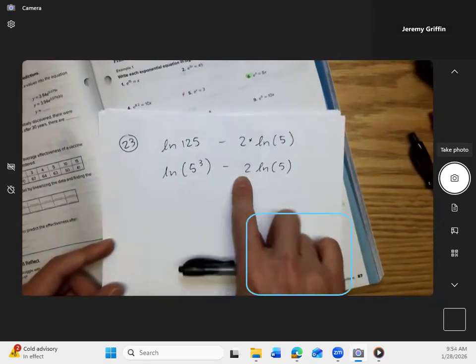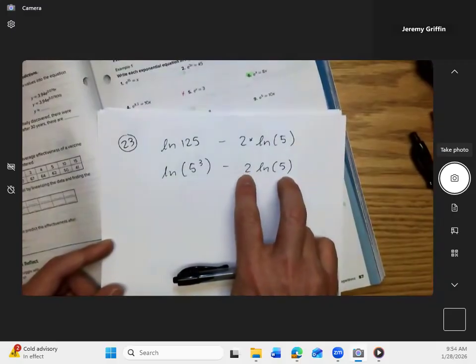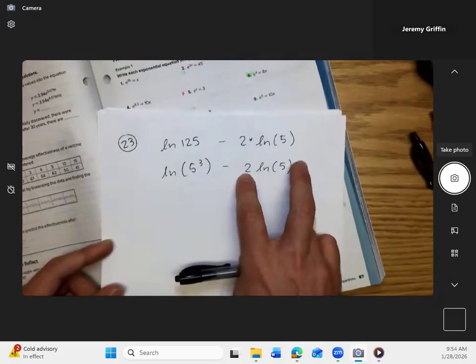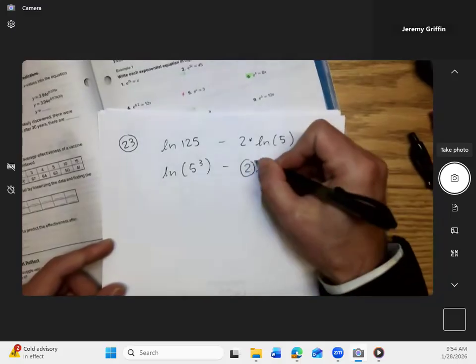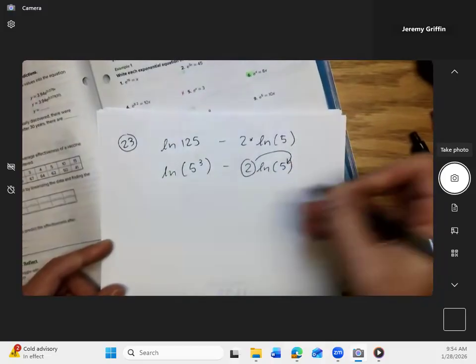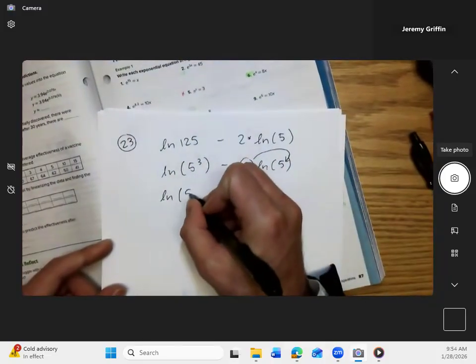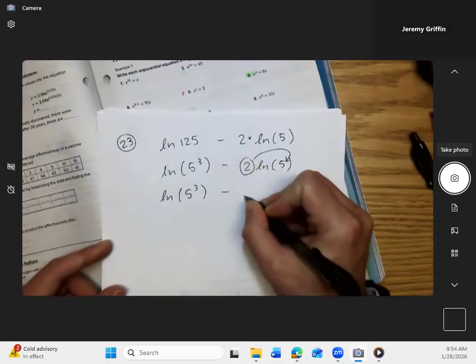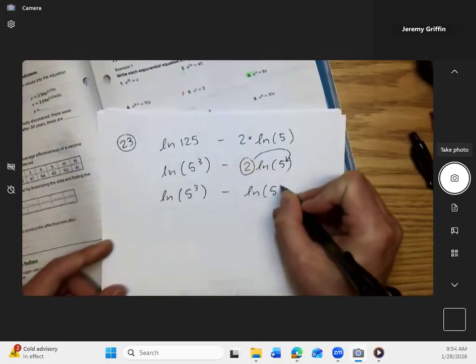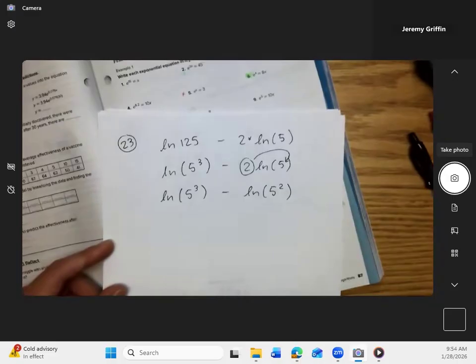What could I do with this 2 if I wanted to? Yeah, I could put it into this guy's exponent right here. So now I got natural log of 5 to the 3 minus natural log of 5 squared, like that.